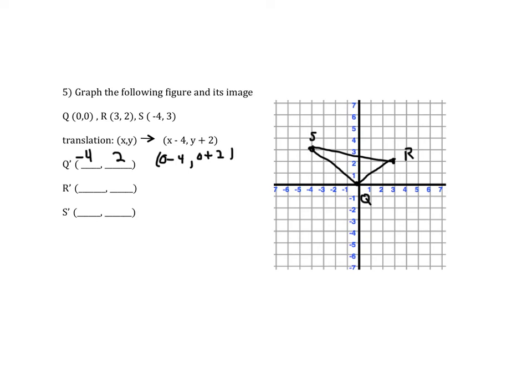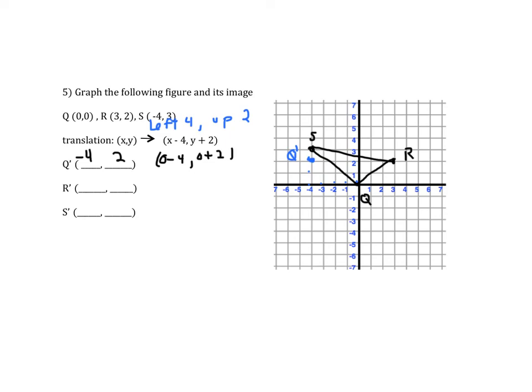So x - 4 would indicate we want to go to the left 4, y + 2 we want to go up 2. So let's see if our point -4, 2 is correct. So come to point Q, and we want to go to the left 4, 1, 2, 3, 4, then up 2, 1, 2, and there we are. Q prime is at -4, +2.